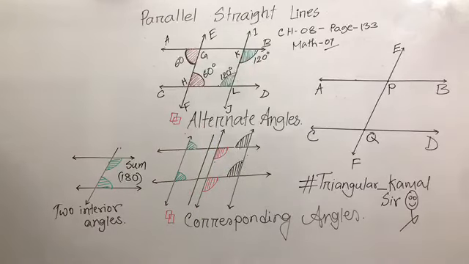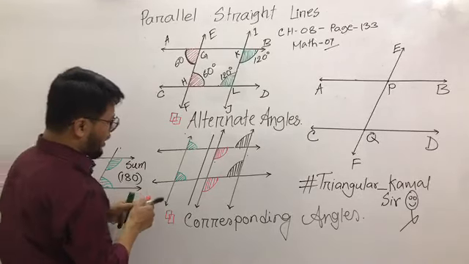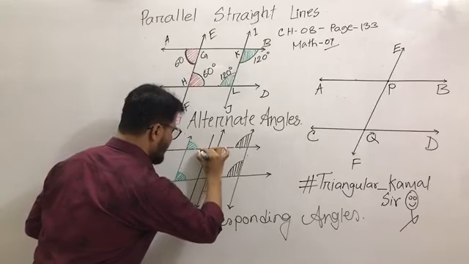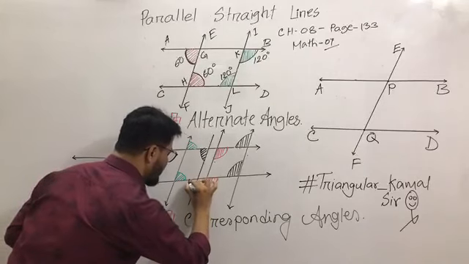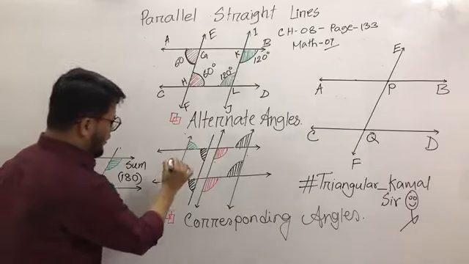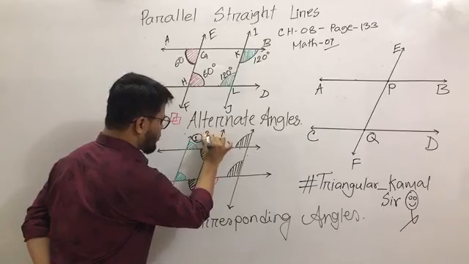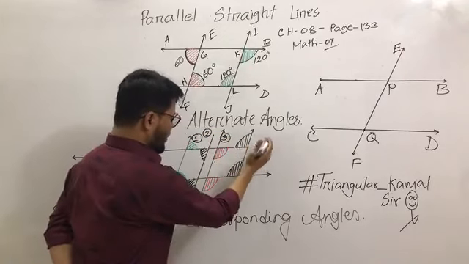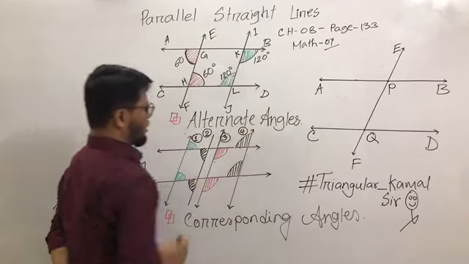If we draw another set, I think we can make it in black. This angle is equal to this angle. Now how many sets? This is the first pair, this is the second pair, this is the third pair, red color, and this black color on the left side is the fourth pair.